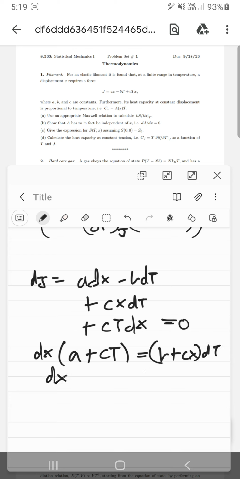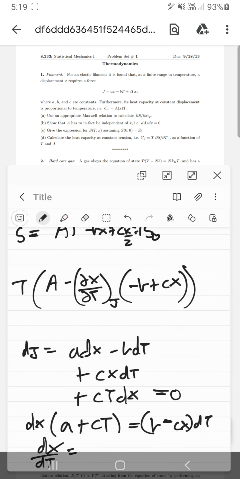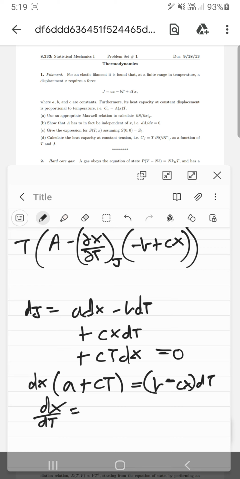So just have dx upon dt is equal to, this should be minus, sorry, this is getting much more complicated than I thought. So it's b minus c. So what the hell? And I thought this was going to be better than that.